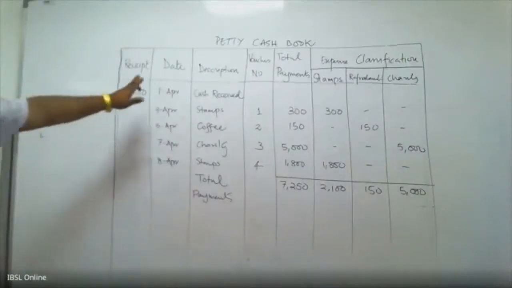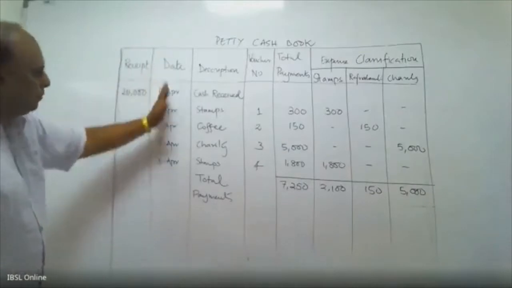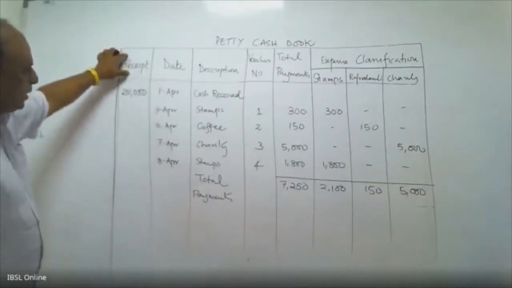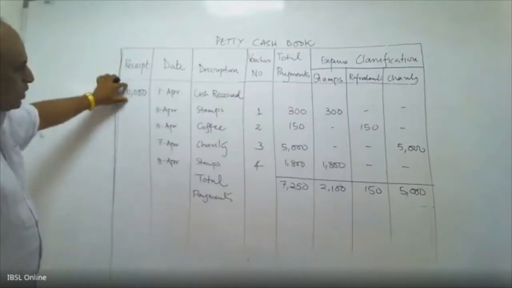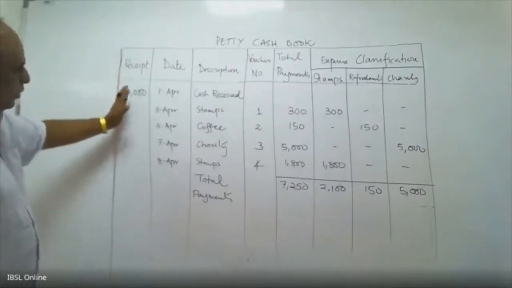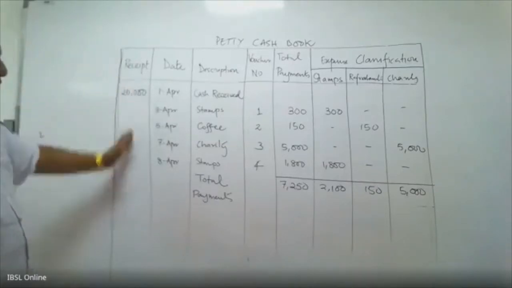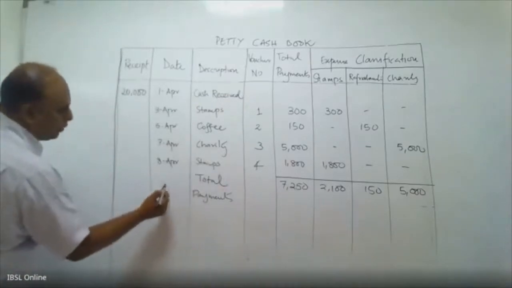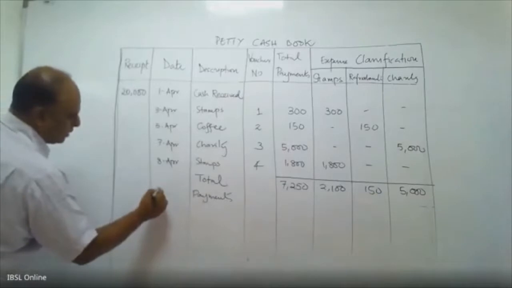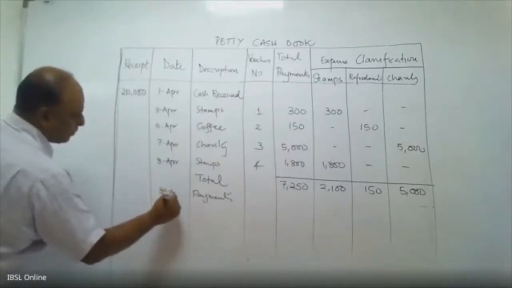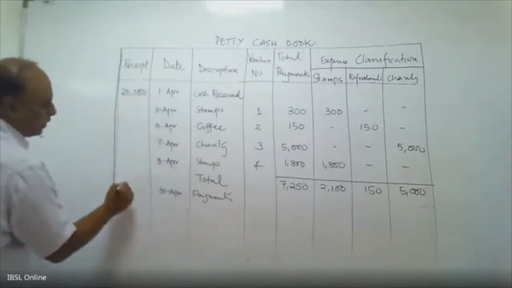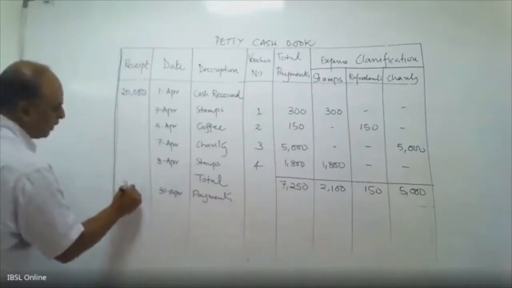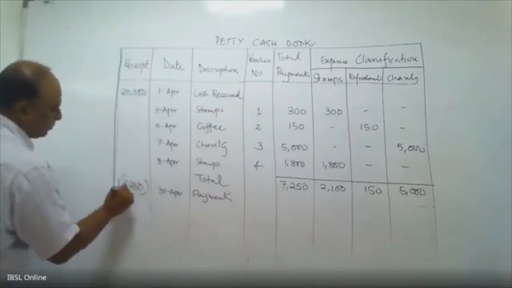There is a column before the date column that is known as receipt, and I have marked the 20,000 here. Now the total payment that we have discussed, we are going to mark it on the last day, let's say 30th of April. On 30th of April, this 7,250 will be deducted.